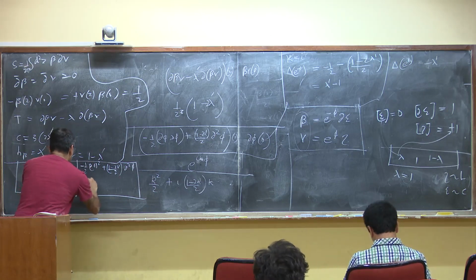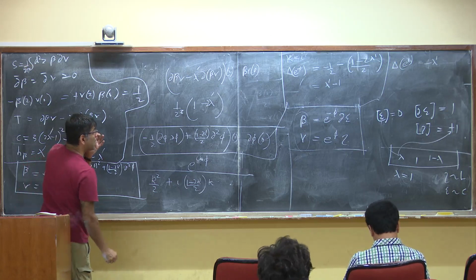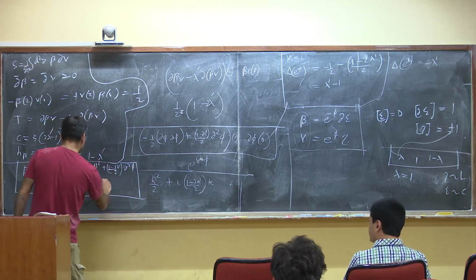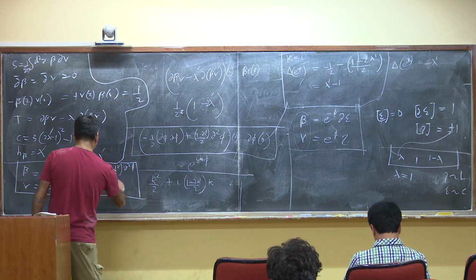Delta of e to the power phi was equal to minus lambda prime.